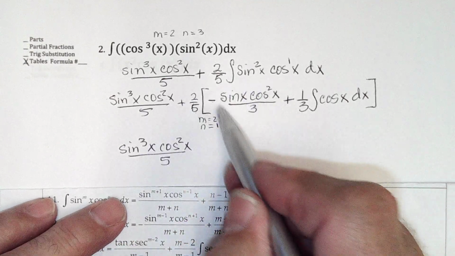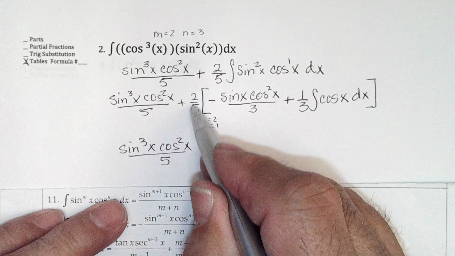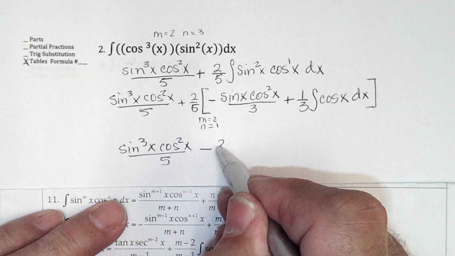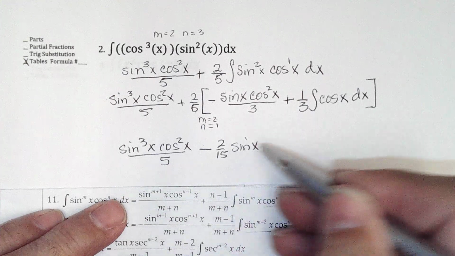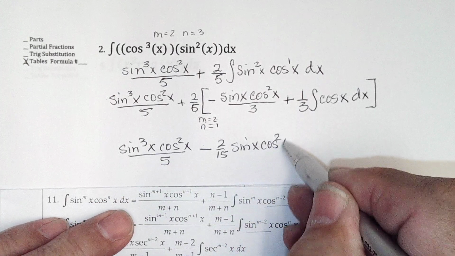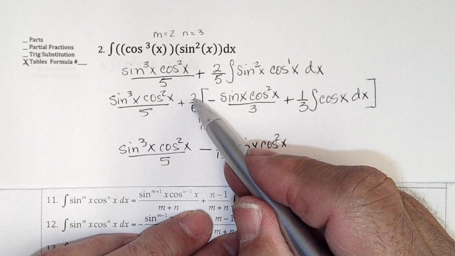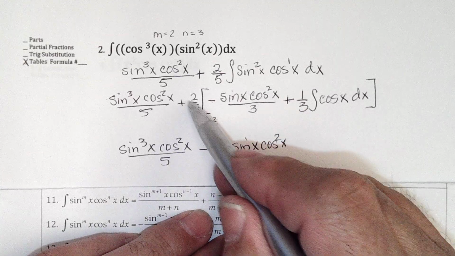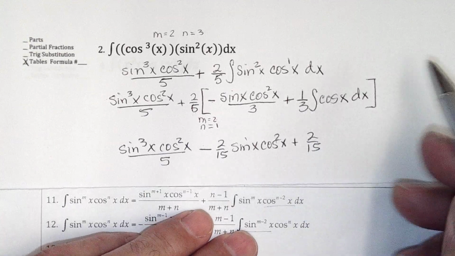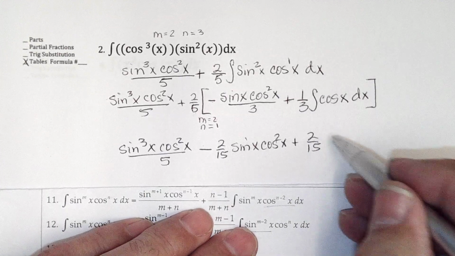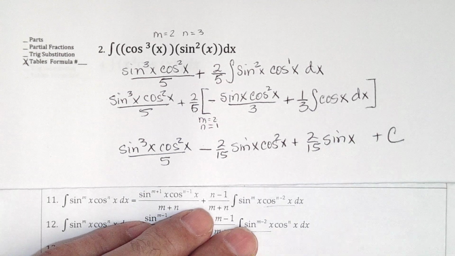Minus 2/5 times this, so minus 2/15 of sine x cosine squared x. And then I'm going to have plus 2/15. And the antiderivative of cosine is sine x plus c.